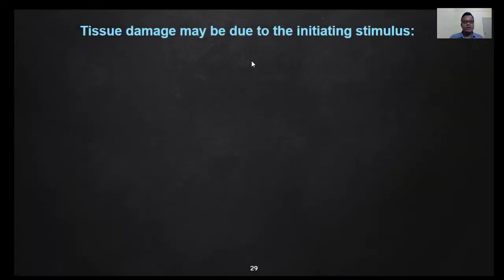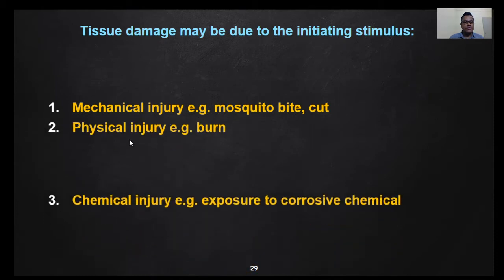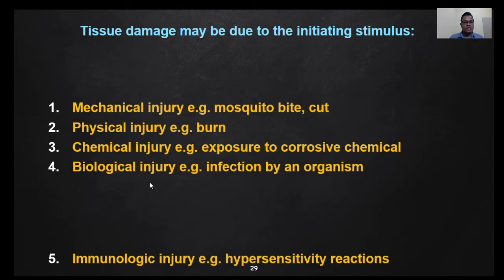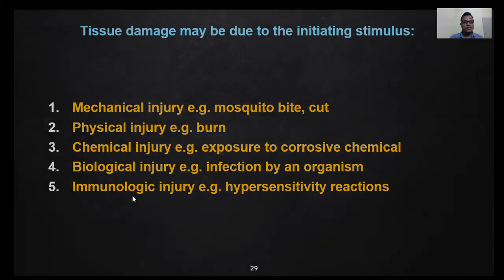Tissue damage may be due to the initiating stimulus such as mechanical injury, physical injury, chemical injury, biological injury, or immunological injury.